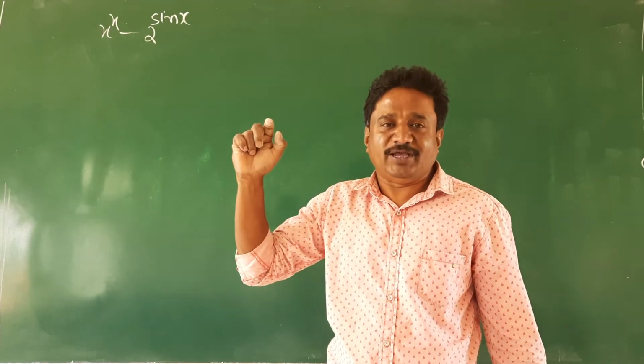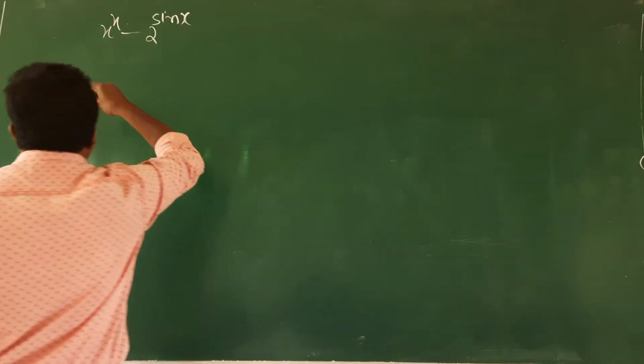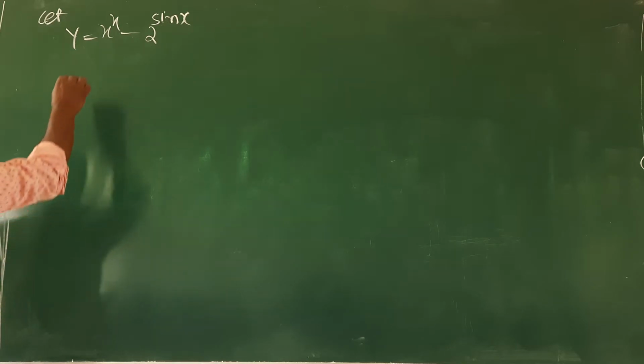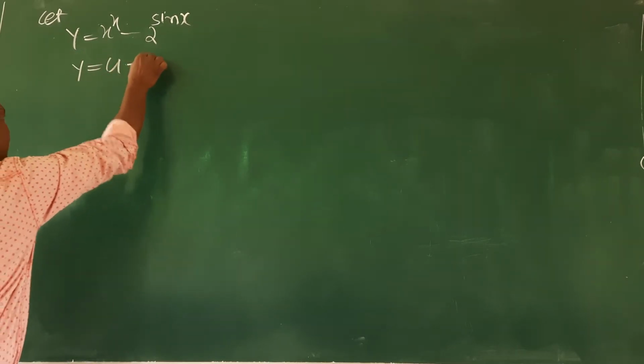You observe carefully. First you take this as y. So let y equal, clearly it is in the form y is equal to u minus v.